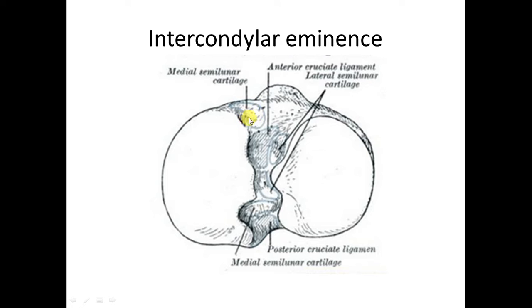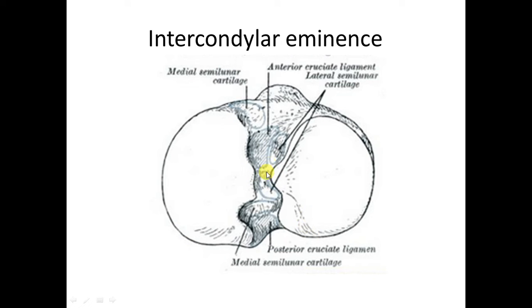So starting with the anterior horn of the medial meniscus, then the attachment of the ACL. So the ACL is between the anterior horn of the medial meniscus and the anterior horn of the lateral meniscus. Then the posterior horn of the lateral meniscus, then the posterior horn of the medial meniscus. Again, the medial meniscus surrounds the lateral meniscus.